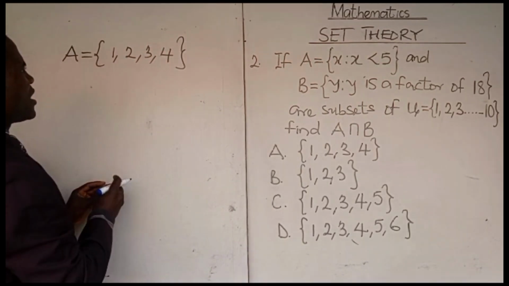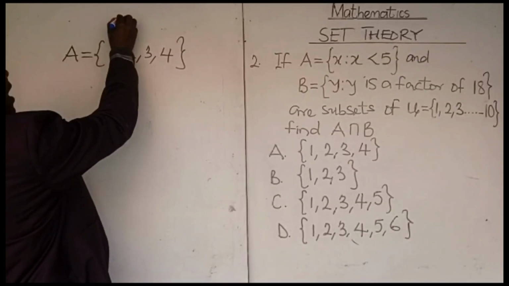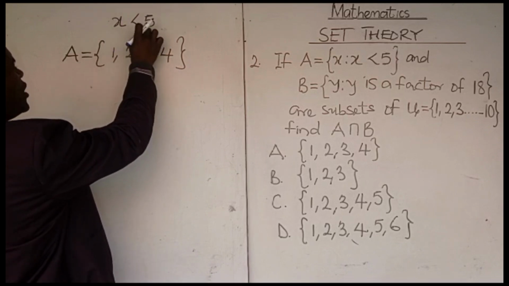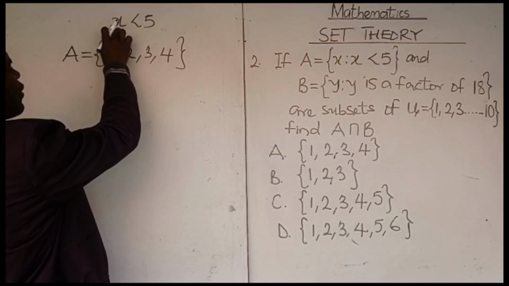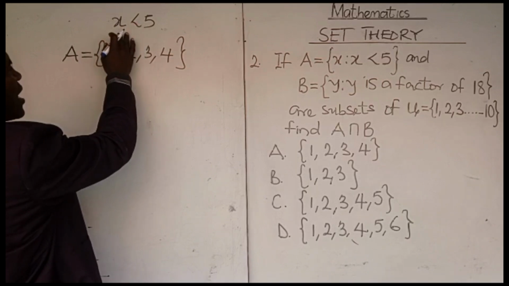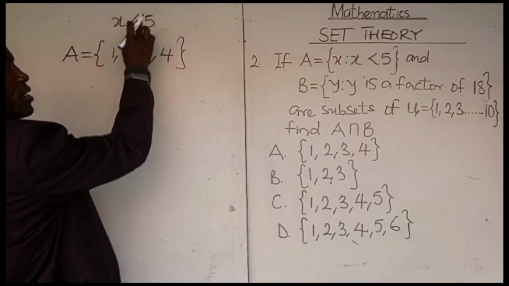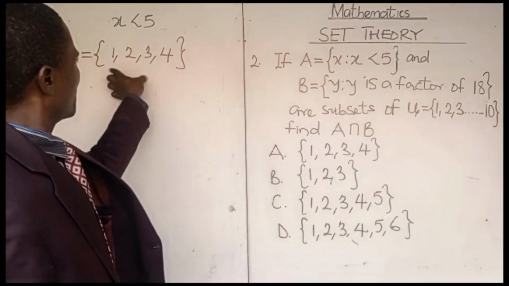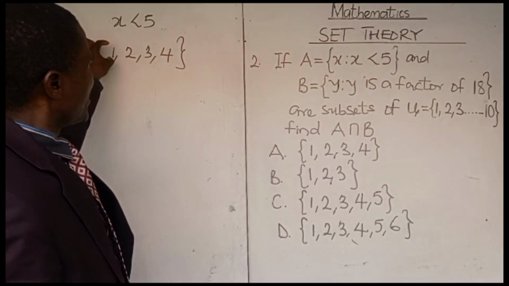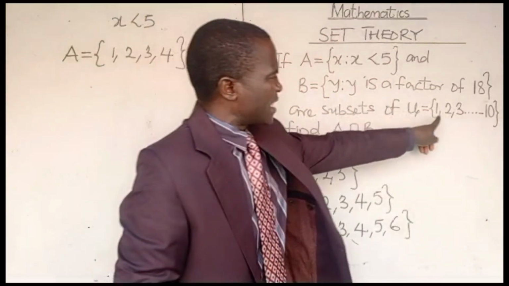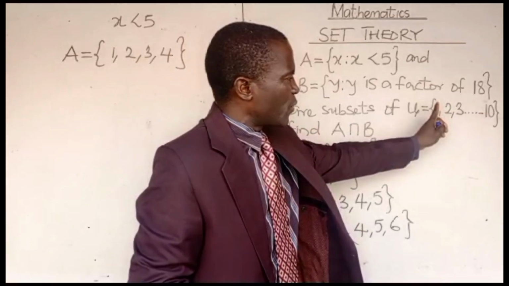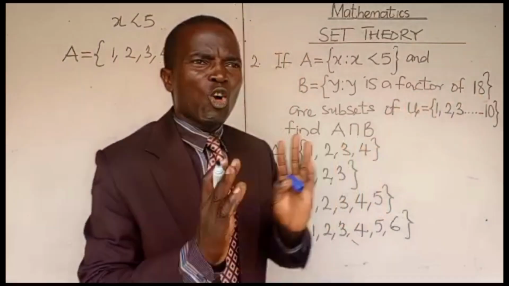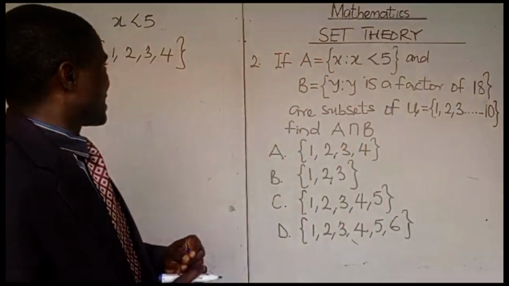So when we have x less than 5, that is to say excluding 5, we have to look for figures that are less than 5, excluding 5 itself. So here are those figures, and it has to be within the context of the universal set. The universal set begins from 1, 2, 3 up to 10. So we cannot go beyond the universal set.